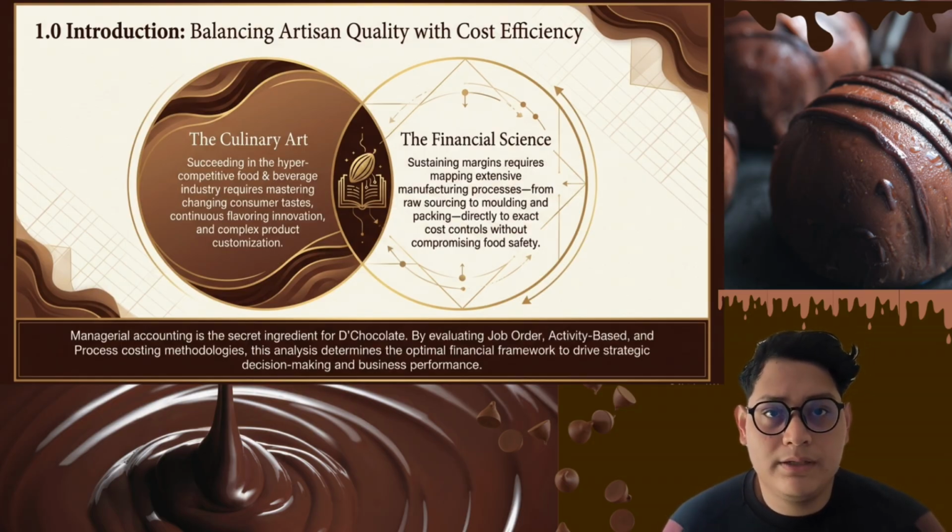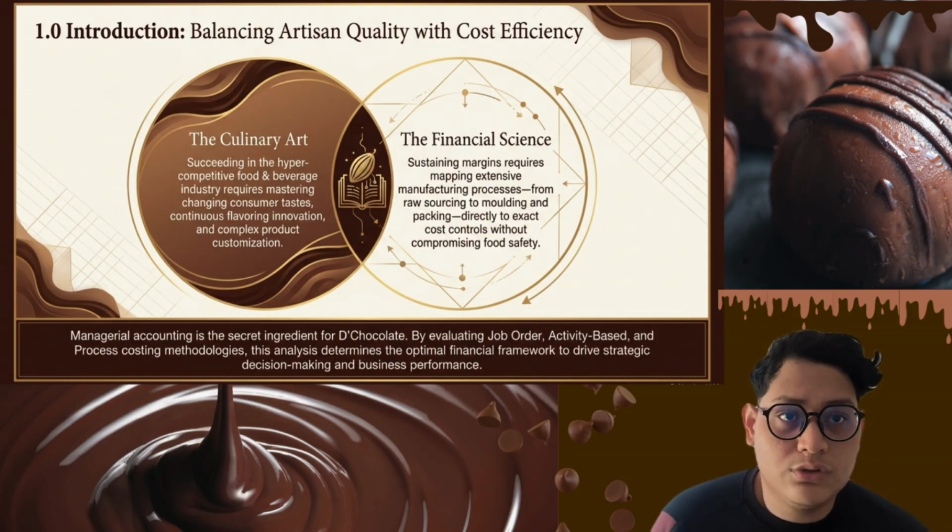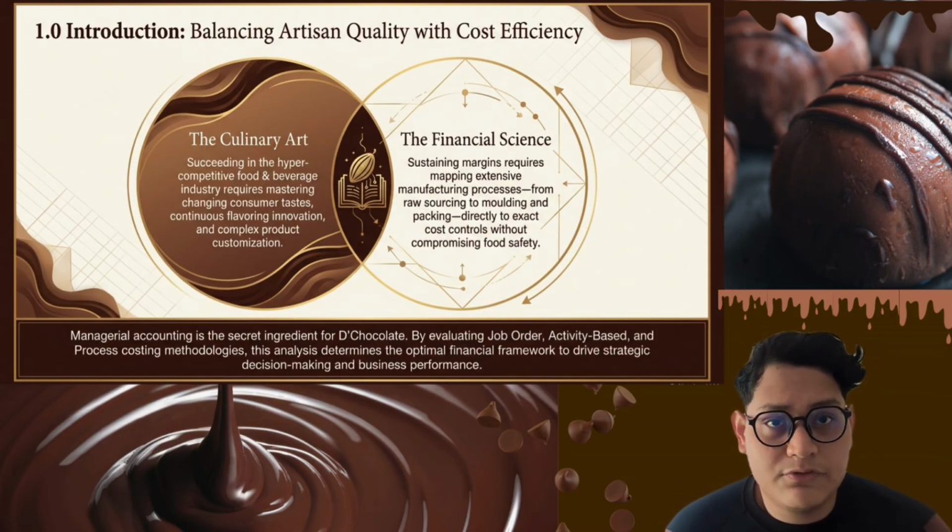We also compare the advantages and limitations of each method to determine the most suitable costing system for the chocolate. Lastly, we explain how managerial accounting supports pricing, cost control, and overall business performance.